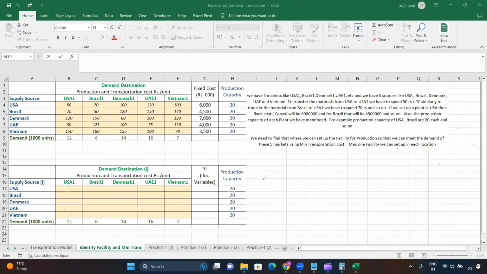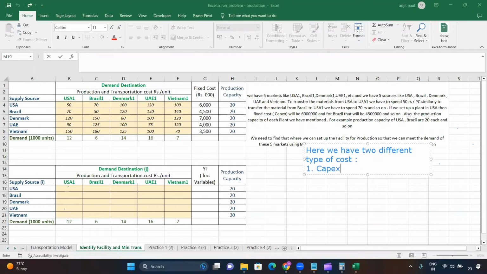okay, now what is our objective? So our objective again is to minimize the cost. And here we have two different types of cost.